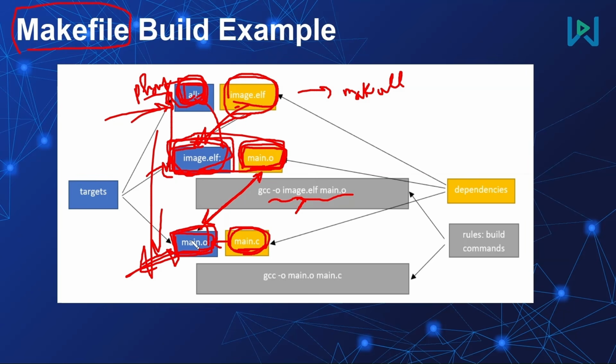And then we'll have this kind of tree of dependencies between the different Makefile rules. This is the main idea behind the Makefile: just create rules, then create a tree of dependencies between those rules.